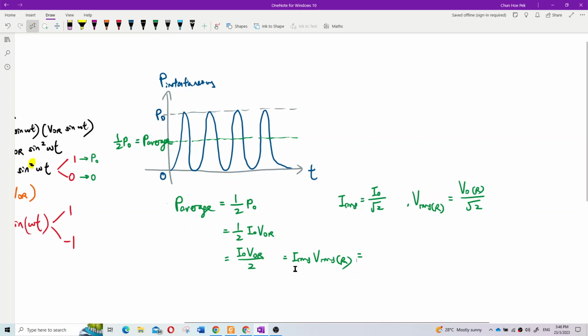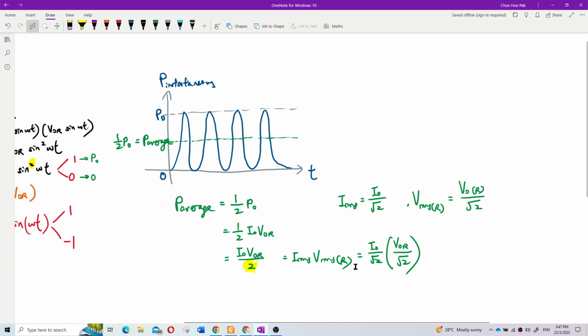You see, I RMS is I naught over root 2. V RMS R is V naught R over root 2. So when I multiply these two together, root 2 multiply root 2, you get 2. Correct? Yes, sir. Root 2 multiply root 2, you get 2.